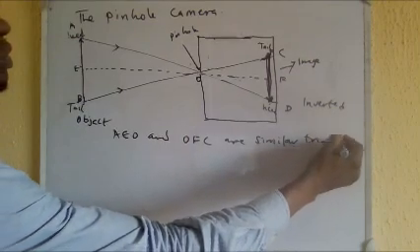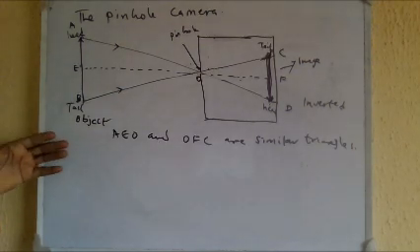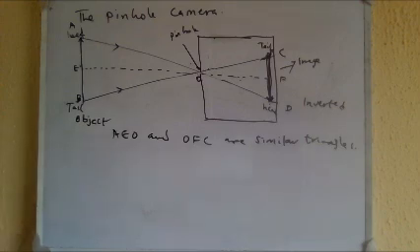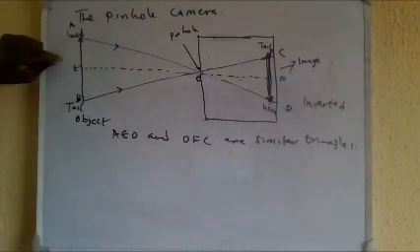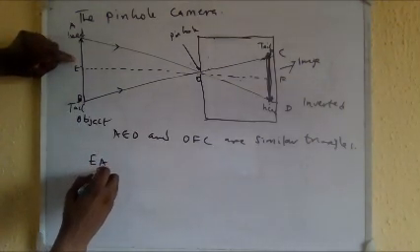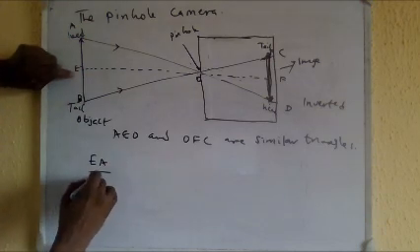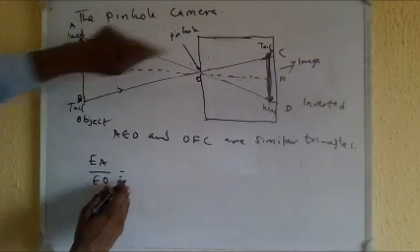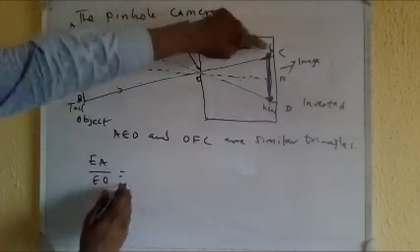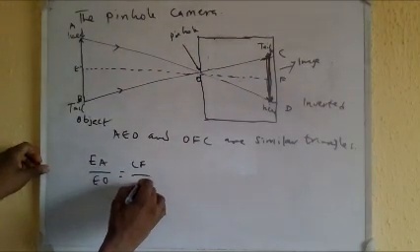So if we apply the similar triangle rule, you can see that EA over EO is the same thing as CF over OF. This is the similar triangle rule.